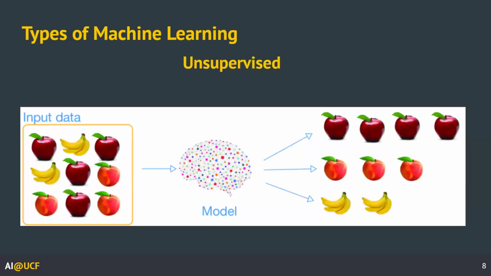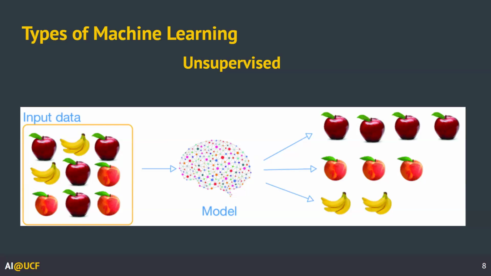Another type is known as unsupervised learning. Unlike supervised learning, unsupervised doesn't have a label to go off of. If I give a picture of an apple, it can't say it's an apple. It really doesn't know what these things are, so it instead has to learn patterns off of it.